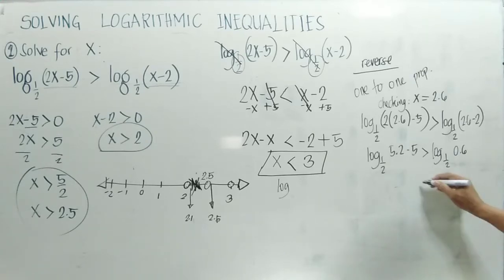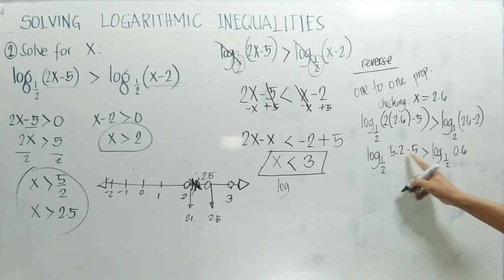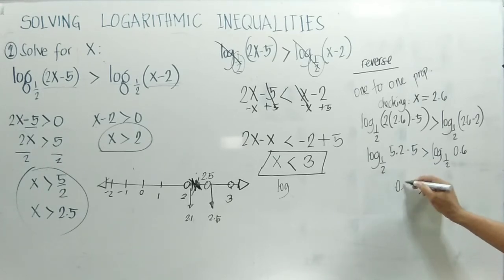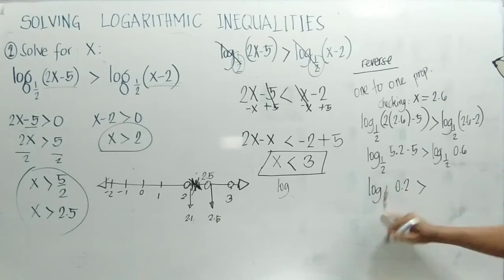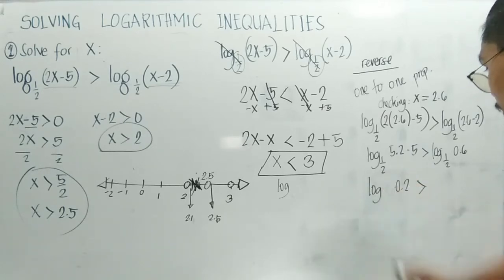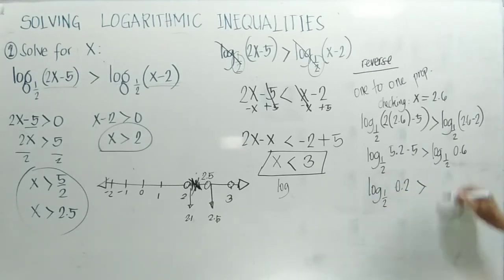Okay? Continuing, we have 5.2 minus 5, of course, it is 0.2. So we have log base 1/2. Then we have log of 0.6 base 1/2.